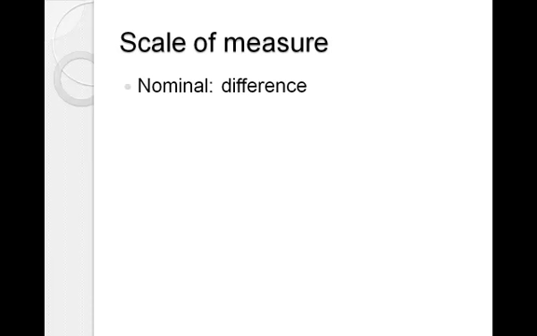A dichotomy is one type of nominal scale, but there could be others. We shouldn't use nominal scales too much, because you can't do much with them. All you can tell is that there are differences in people, and you don't know who's more than who or how much different they are.